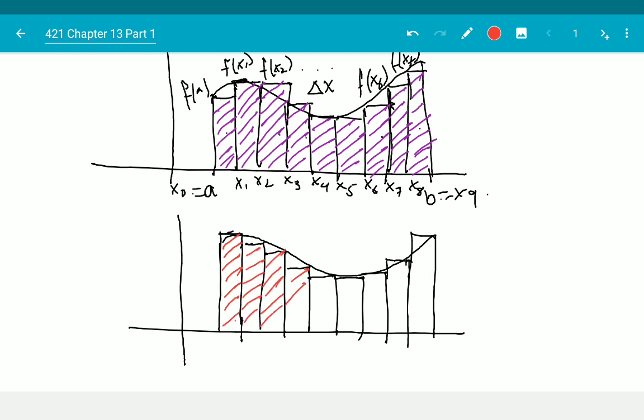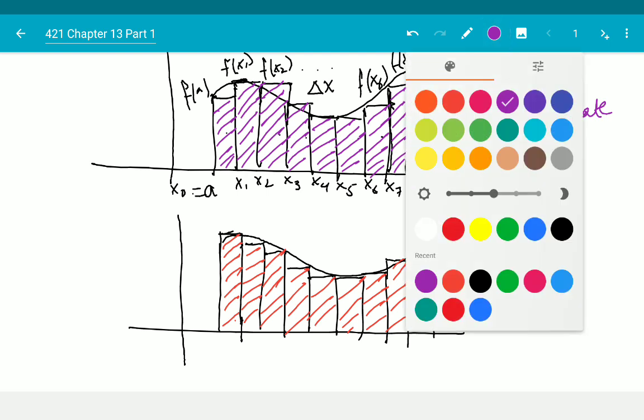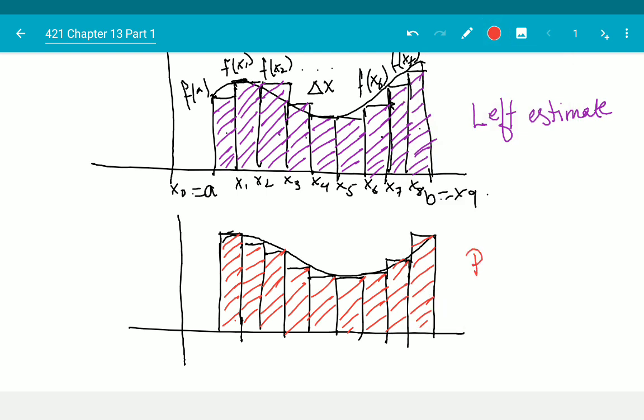And fair enough, I have no idea which one of these is a better estimate. It's going to be really hard to figure out which one is a better estimate. So this is my left hand estimate, left side estimate, left estimate, and this is my right estimate.